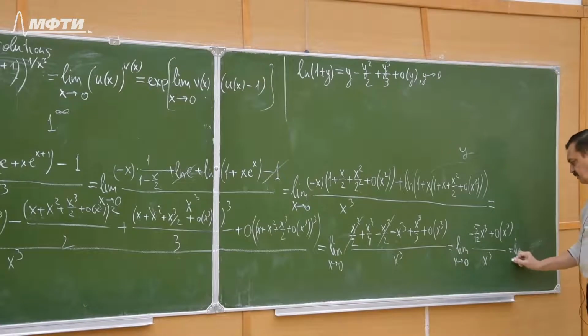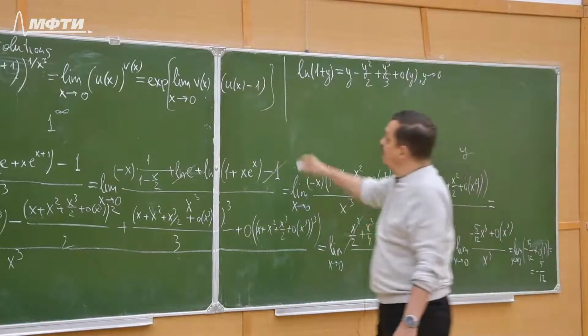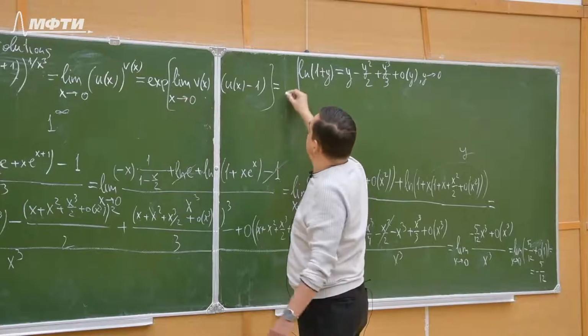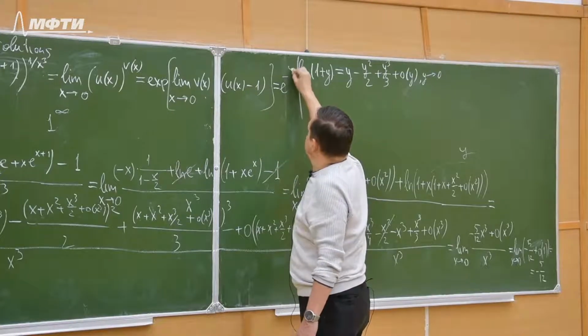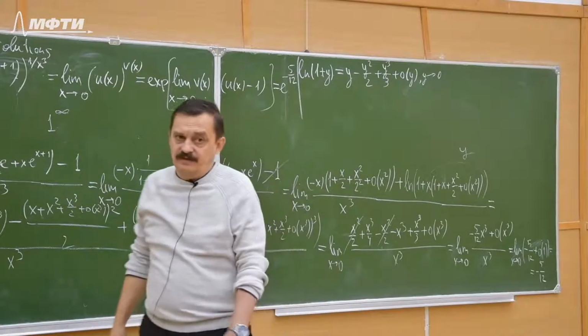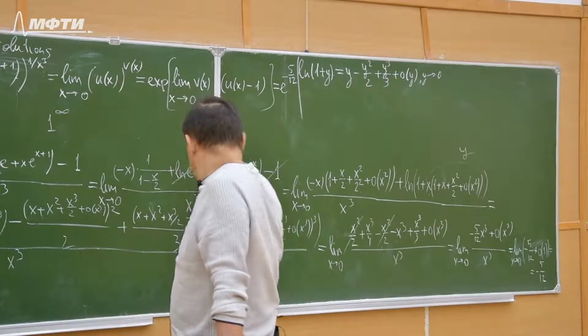Okay, I will write maybe last time in details what remains, and that is minus 5 over 12. So the answer is, take exponent e to the power minus 5 over 12. That is the end of the solution.